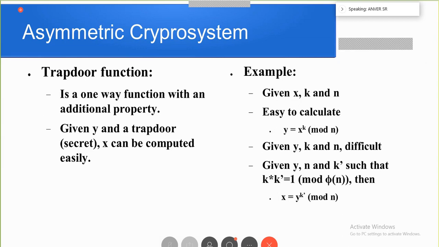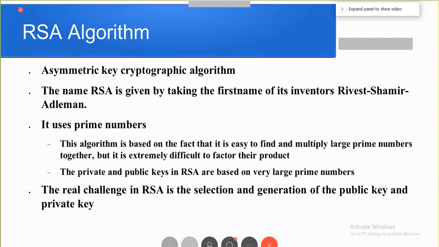Then by applying Euler's theorem, we can compute x as y raised to k dash mod n. This is used in RSA. We can see its proof there. Okay, the next.